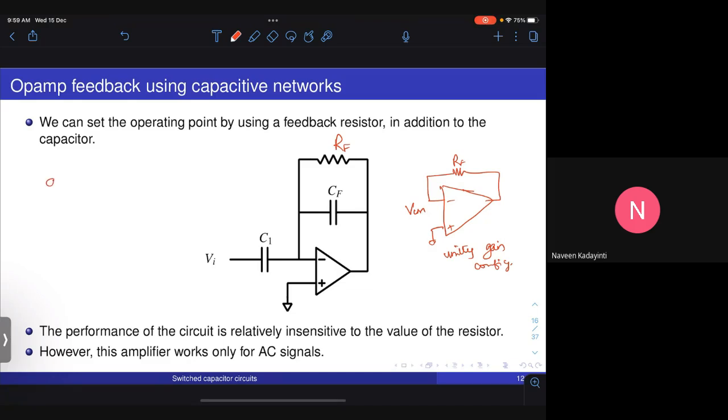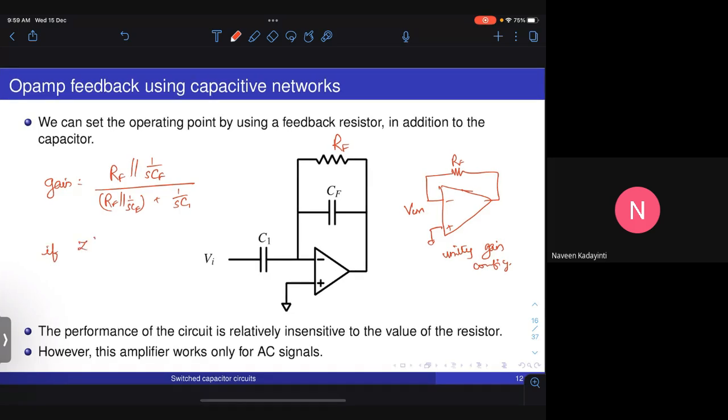What will be the gain of this amplifier? Gain will be RF parallel to 1 over S times CF upon RF parallel to 1 over S times C1, right?